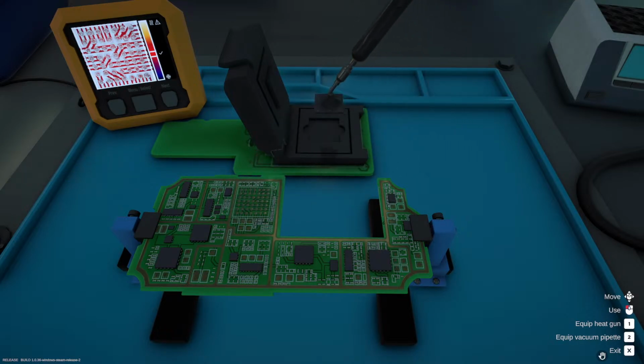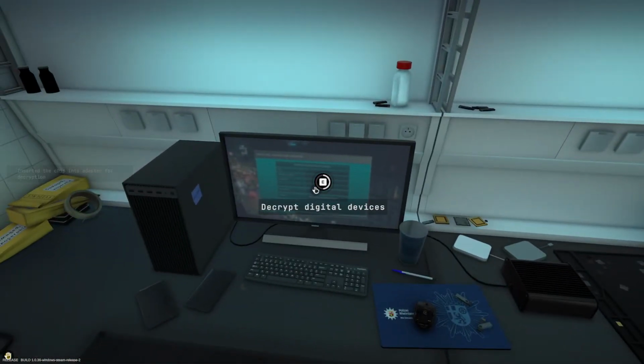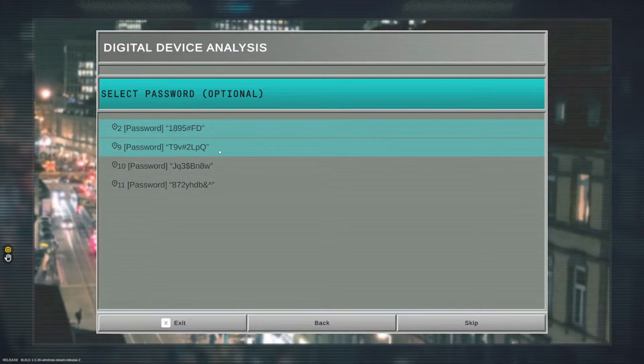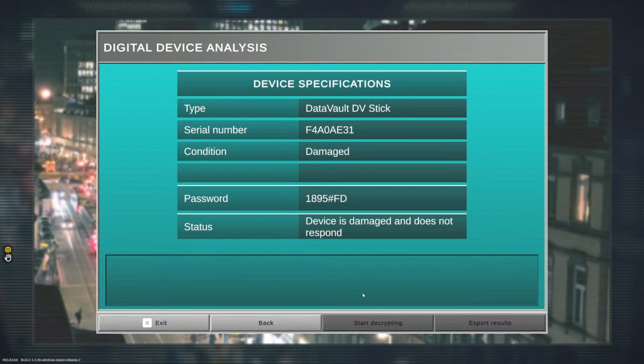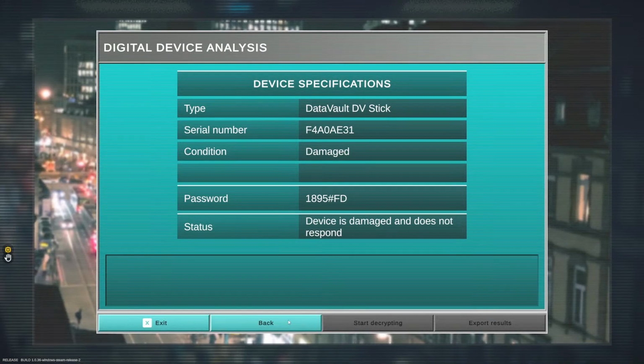We'll take that off. Okay. And we'll come in here. We got the flash drive. Select a password. So we don't know what the password is, but we have all of these. Back. We're gonna skip that.